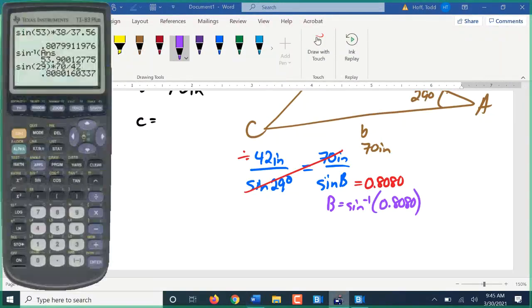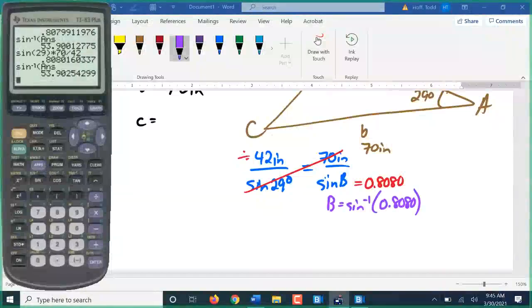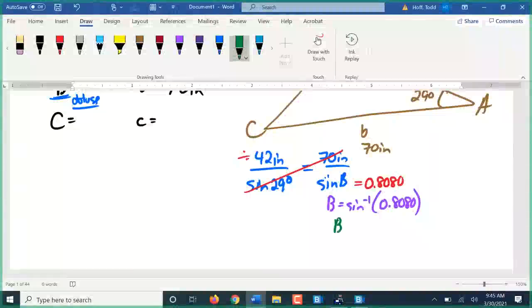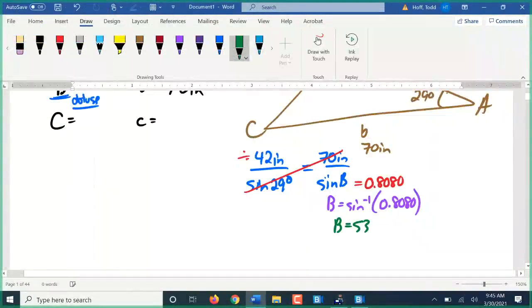Remember, there are two angles that have that same sine. So when we do the inverse sine of that 0.8080, the calculator is giving us one of those possible angles. It's saying B might be 53.91 degrees. Well, that's the acute possibility.